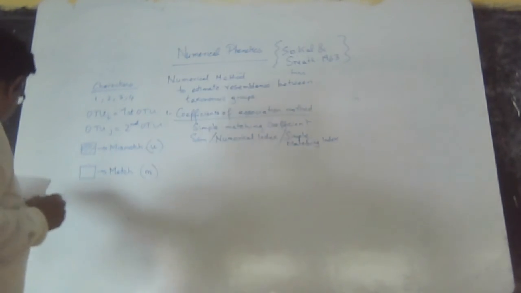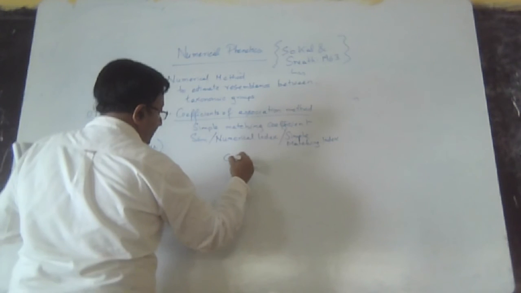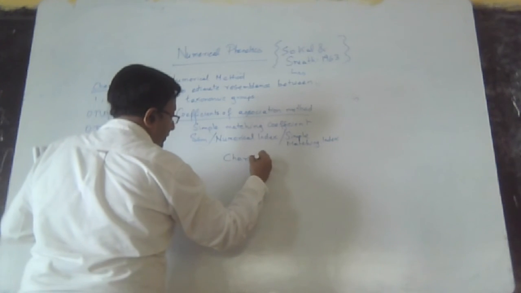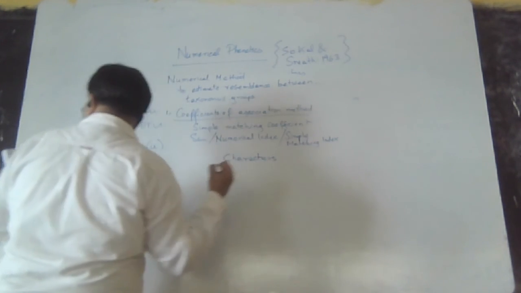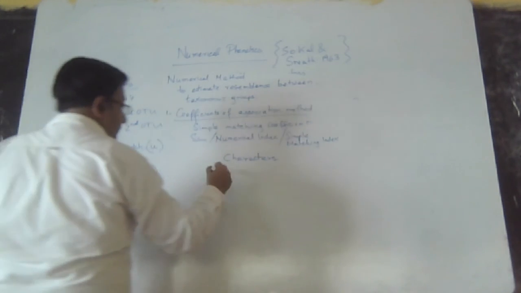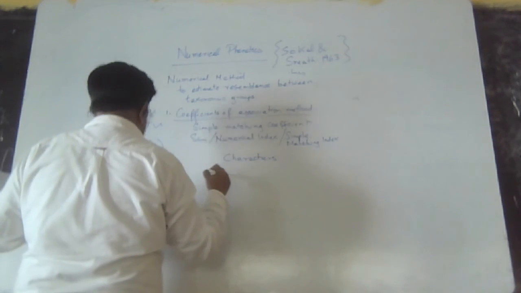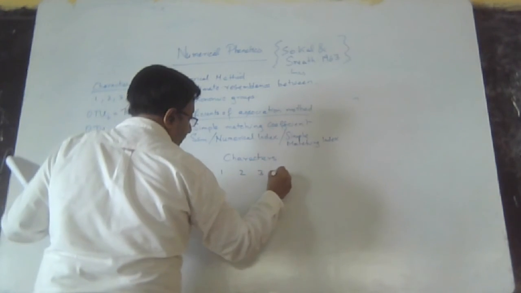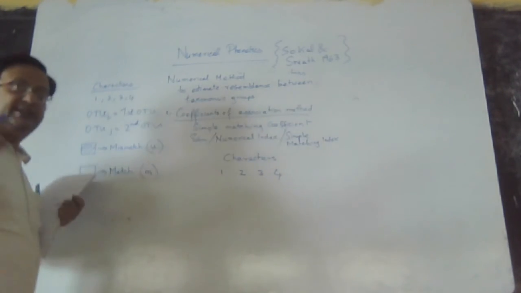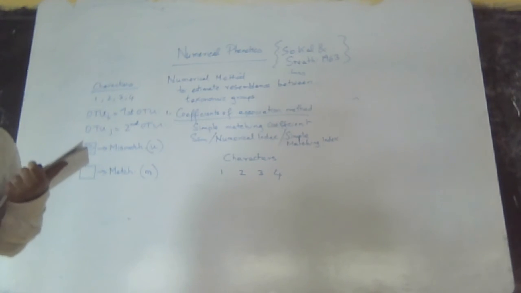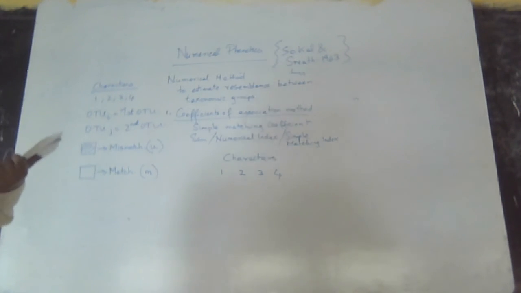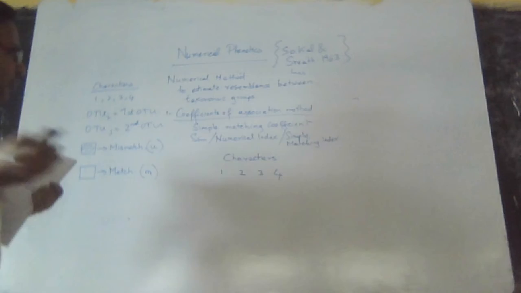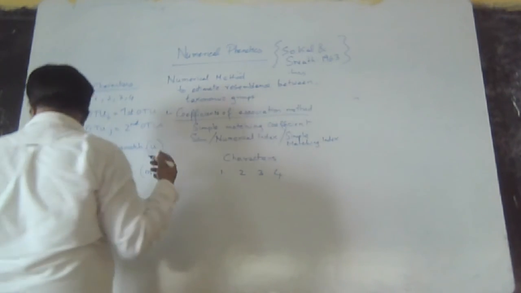Now if I draw characters 1, 2, 3, 4, 4 characters. Maybe one is presence of wings, one is presence of limbs, one is presence of hair, presence of something. 4 unit characters we have selected.